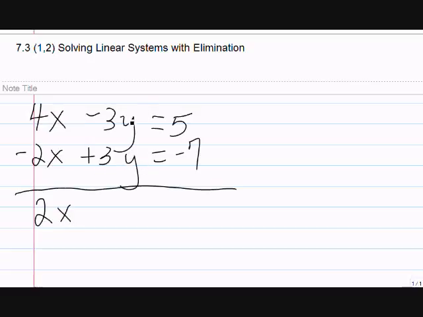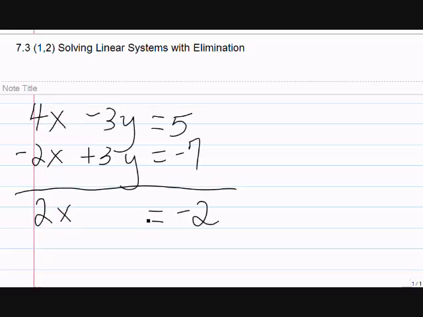So if I can successfully make one of the variables turn out to be 0, then this method called elimination is going to work. So that's 0. I don't even have to write something down for that column. I bring down my equal sign and I do 5 plus negative 7, or 5 minus 7, and get negative 2. And since my y's are gone, I can now solve for x.